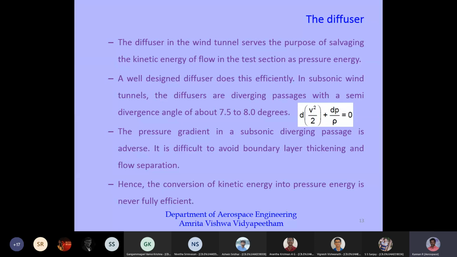So what is happening in the case of a diffuser? Already we know that it is basically converting the kinetic energy of the flow to pressure energy. We have seen that a well designed diffuser, in a subsonic wind tunnel, is a diverging passage with a semi divergence angle of 7.5 to 8 degrees.